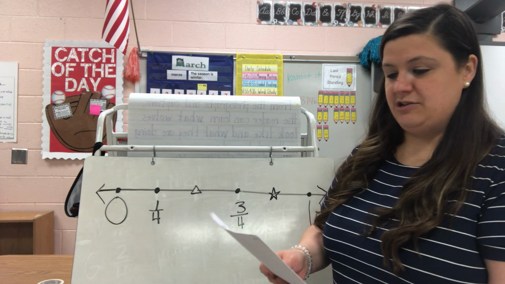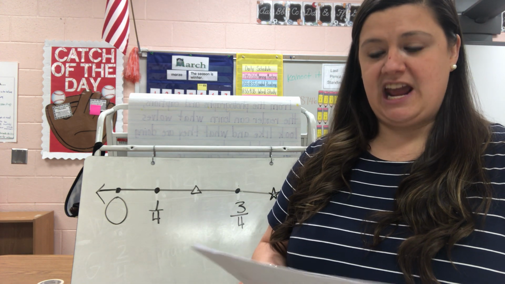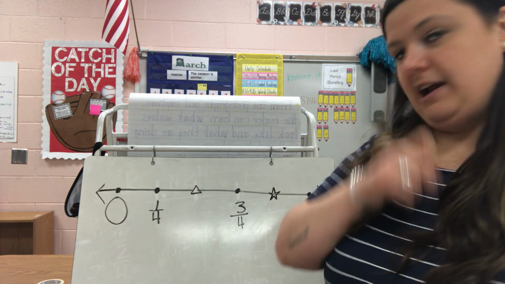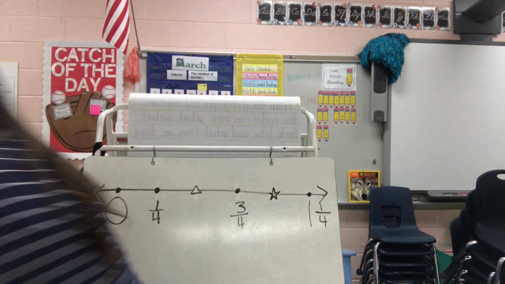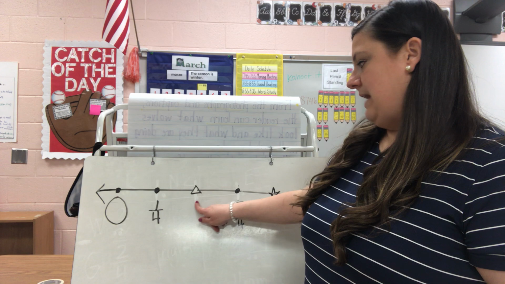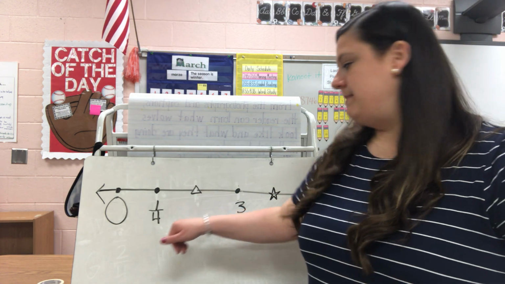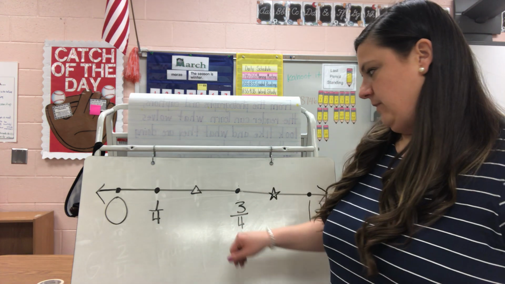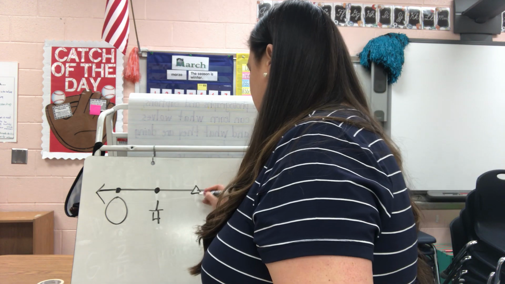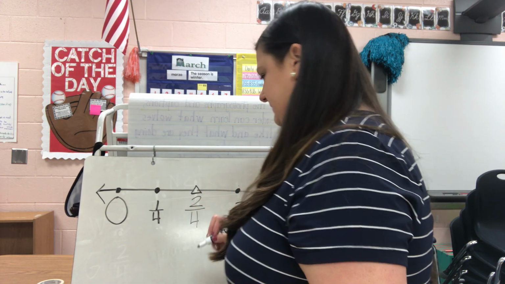So the first thing it tells you to do in part 1 is label the fractions represented by the shapes on the number line. Well, let's take a look at our number line and we're going to label them together. So it starts at 0, and then we have 1/4. Then we have a triangle, 3/4. What would be between 1/4 and 3/4? Yes, 2/4. So we would label the triangle 2/4.